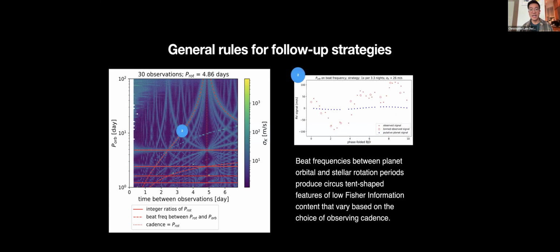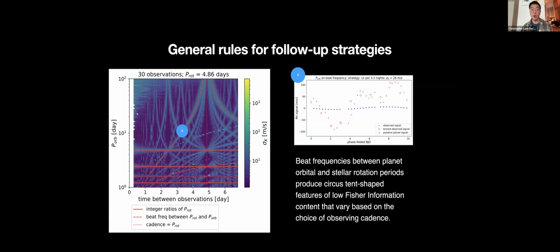A non-trivially bad case is when you actually live on these circus tents. These are beat frequencies between the planet orbital and the stellar rotation period, and also sometimes the stellar activity decay timescale. And these different timescales play together such that the choice of observing cadence starts to matter a lot. Say you know what your orbital period is, so you're fixed on the y-axis and you move along.